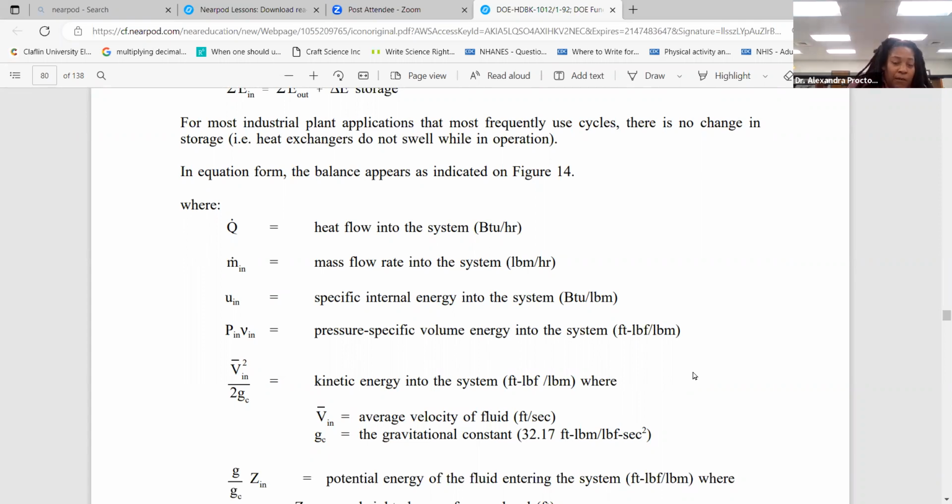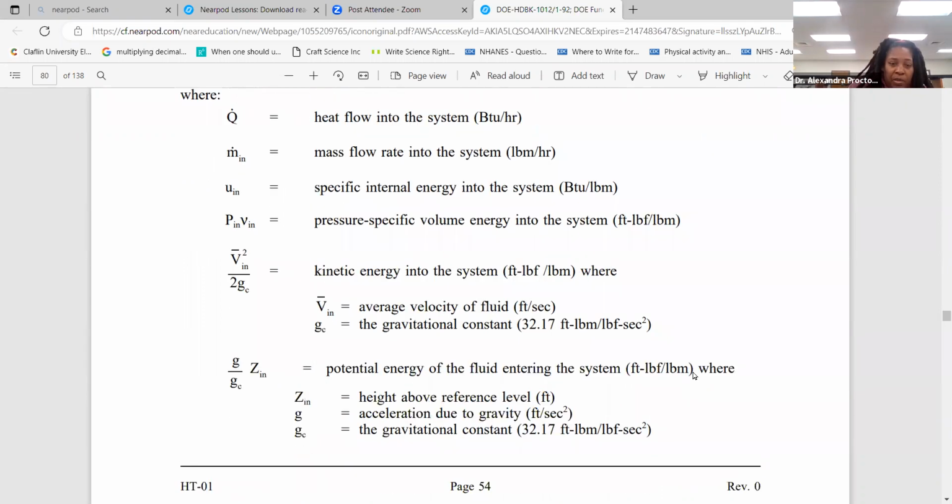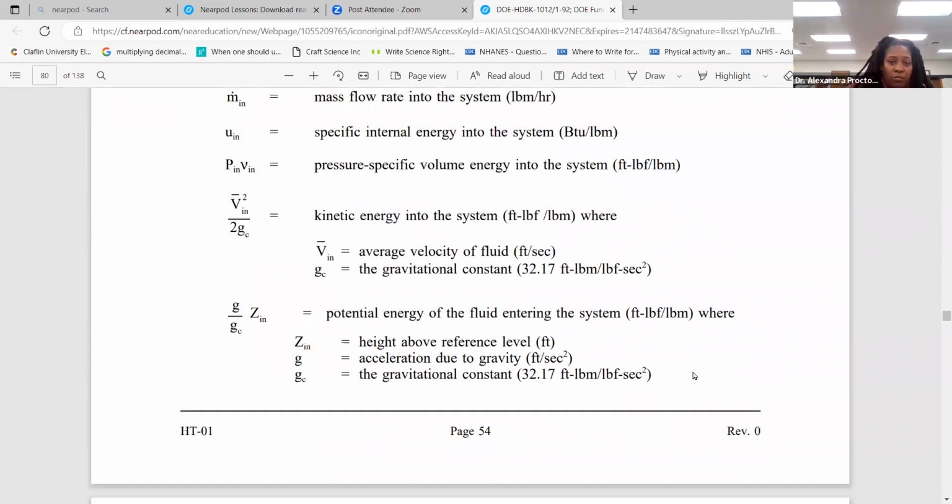Okay, so we talked about this value in the previous chapters. g divided by gc times Z_in is the potential energy of the fluid entering the system, and that's in foot pound force per pound mass, where Z_in is the height above the reference level in feet. g is the acceleration due to gravity in feet per second squared.